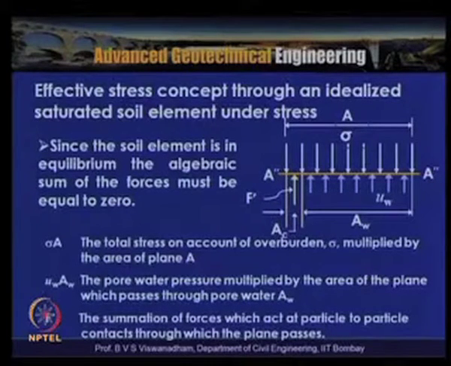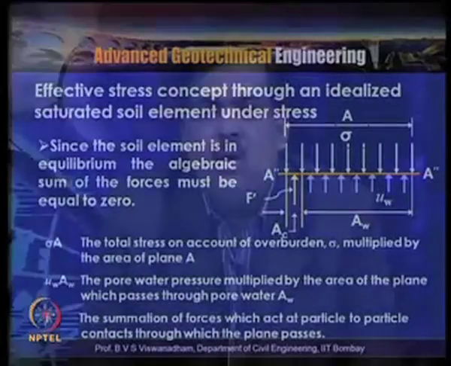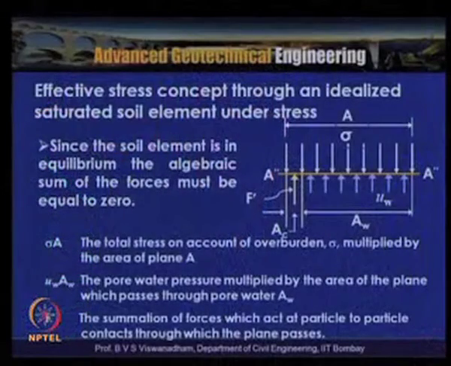Since the soil element is in equilibrium, the algebraic sum of the forces must be equal to 0, and UW AW is the pore water pressure multiplied by the area of the plane which passes through the pore water. So, AW is nothing but the area which passes through pore water, and F dash is nothing but the summation of the forces which act at particle to particle contact through which the plane passes.